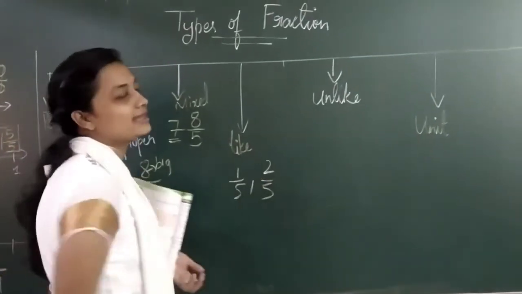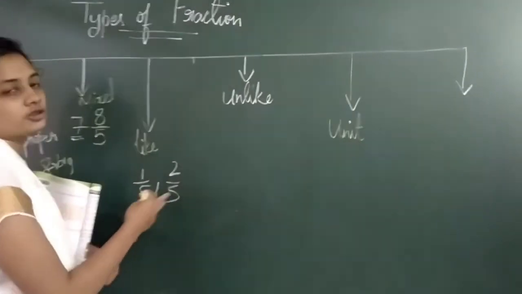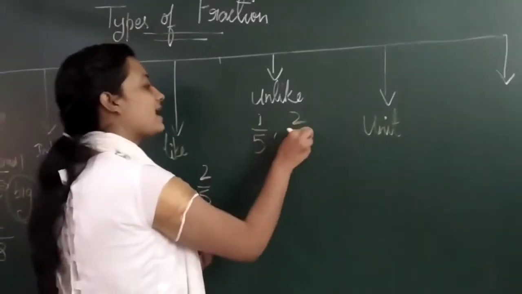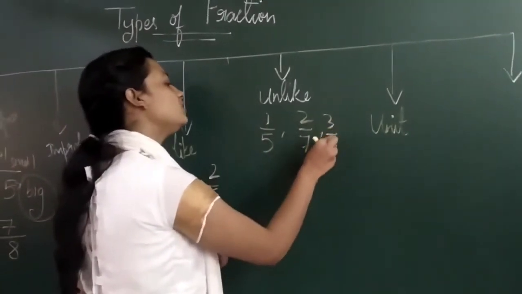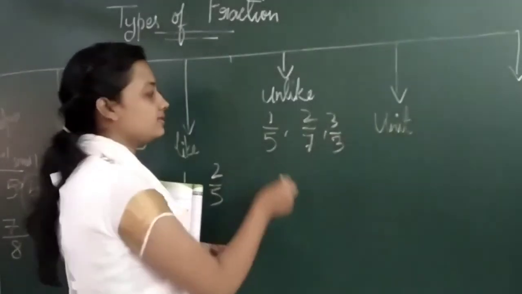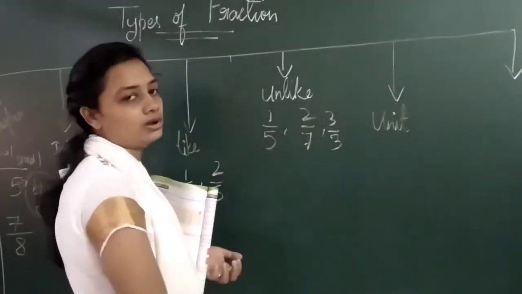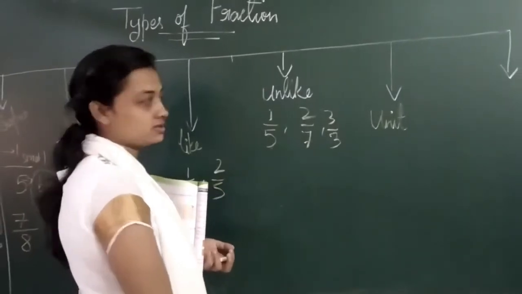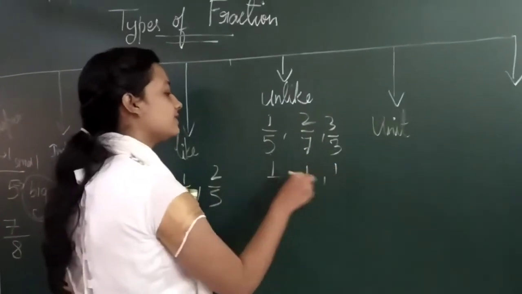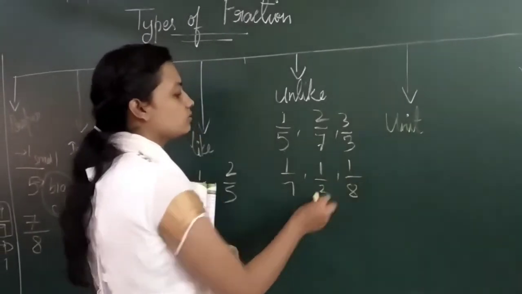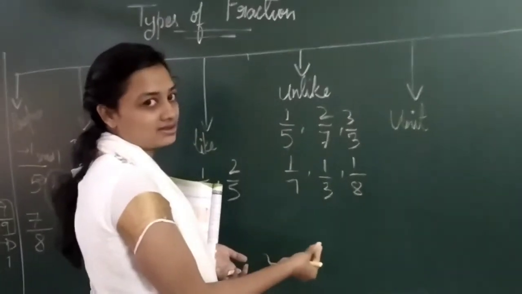Now come to unlike fractions. That is the opposite of like fractions. Any number of fractions having different denominators. See, all the denominators are different. So this is called unlike fractions. Even if the numerators are the same, my denominators will be different, then it is an unlike fraction.